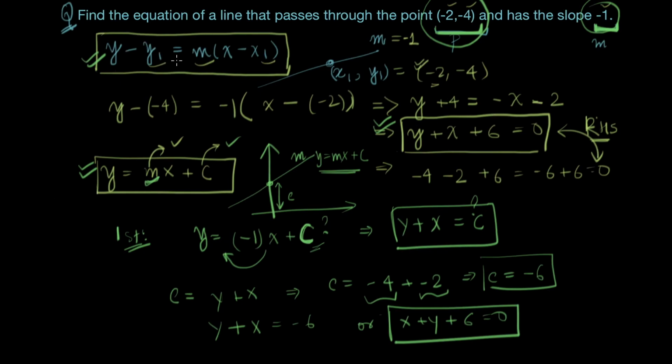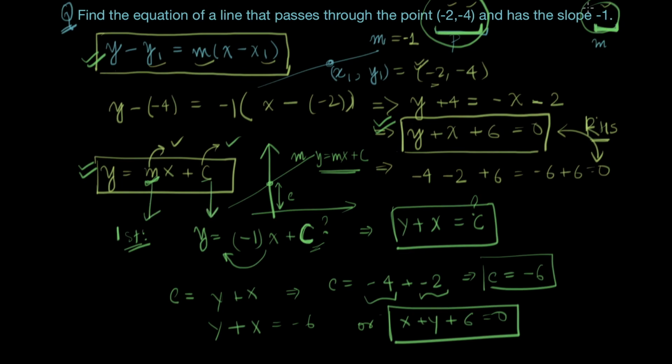We could have used the point-slope form of the equation and just substituted the values for x1, y1, and m very easily, in a single step. Or we could have taken another route and started with the slope-intercept form. So this is the slope, this is the intercept, and we use the information that the line passes through (-2, -4) to solve for m and c.